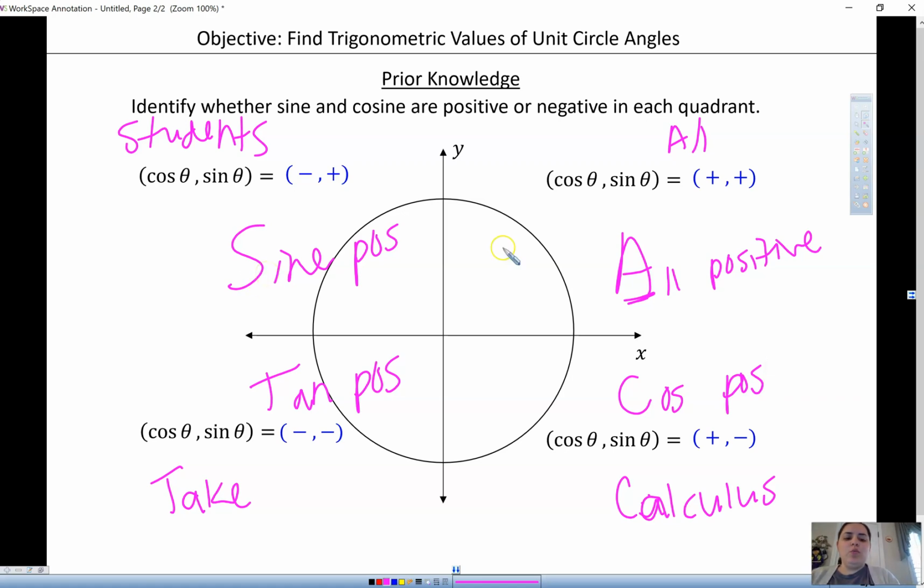So in quadrant 1, they're all positive. In quadrant 2, sine is positive, cosine is negative, tangent is negative. And then in quadrant 3, tangent is positive, which means sine and cosine would be negative. And then in quadrant 4, you can see cosine is the one that's positive, and then sine is negative, tangent is negative. Okay?